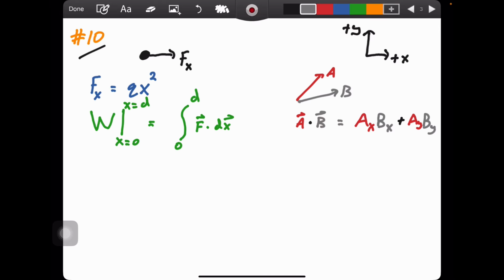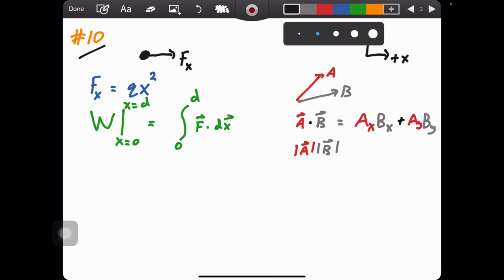The other way in which you can do a dot product is you can take the magnitude of the first vector, multiply it by the magnitude of the second vector, and then account for the cosine of the angle between the two vectors. So we would let theta be the angle between the two vectors.